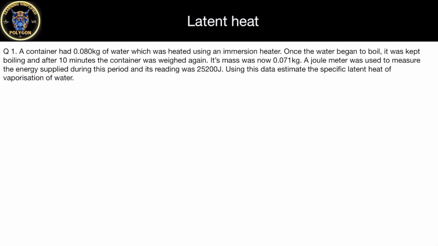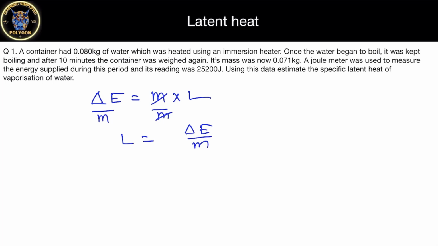So let's solve this. We know that delta E equals m times L. Now, we have to find L, so let's make L the subject of the formula. Now we need to find the mass of water that was converted to steam in 10 minutes.